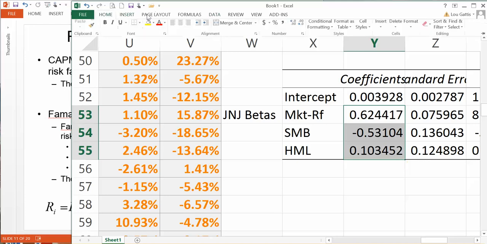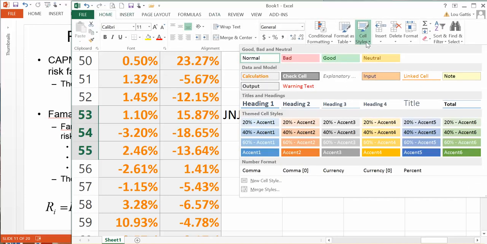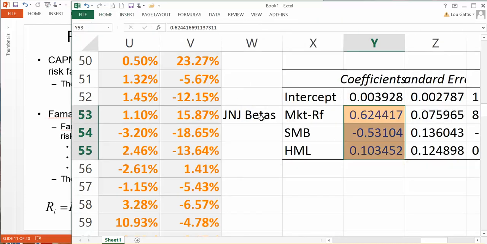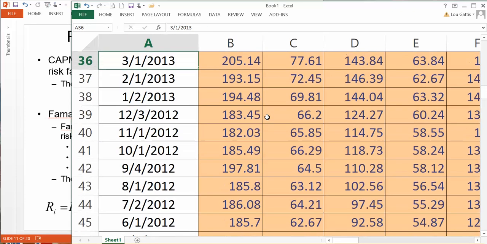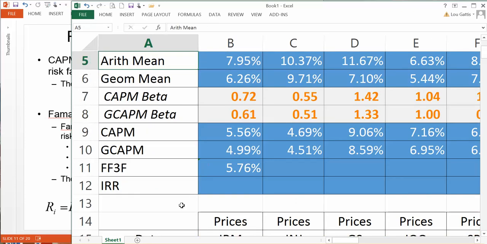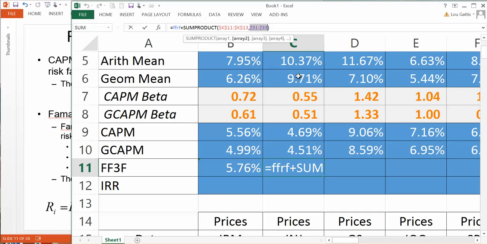I'll change the format on that. And I can just use my formula for CAPM, or I'm sorry, Fama-French. Copy that over. And all I need to do now is change this to be J&J's betas.